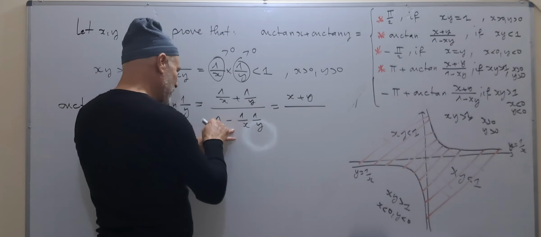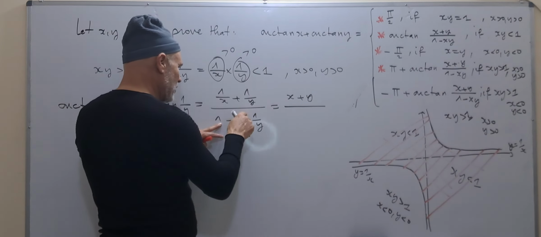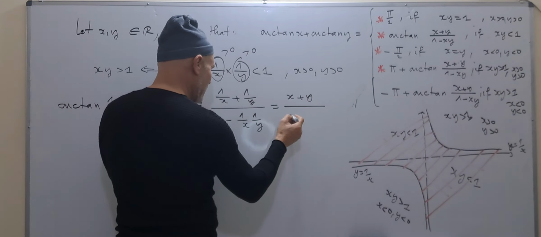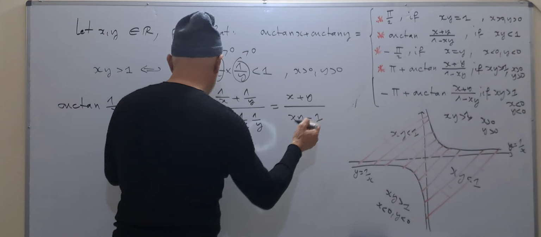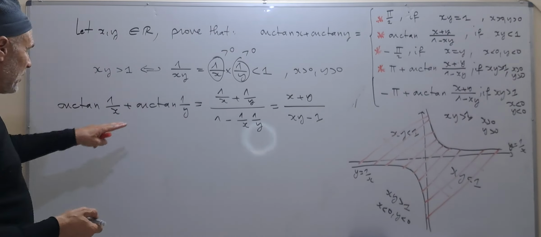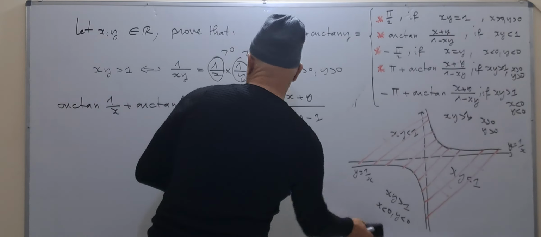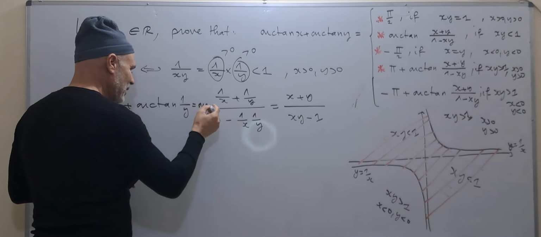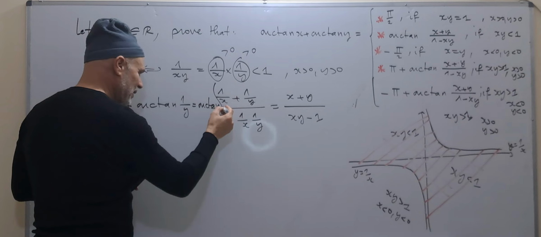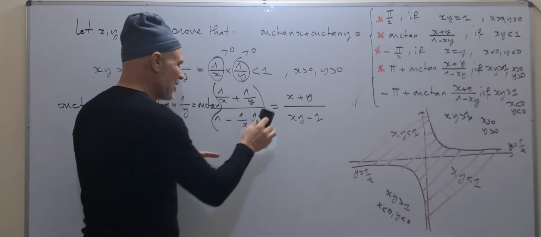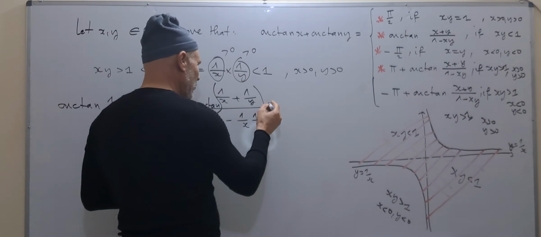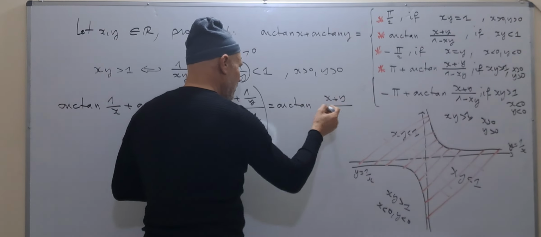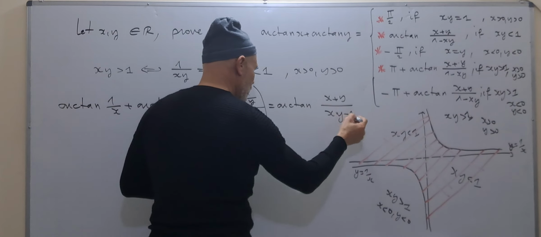Here we have xy minus 1, and xy will be cancelled, so here we have the arctangent of this, which is equal to the arctangent of x plus y over xy minus 1.